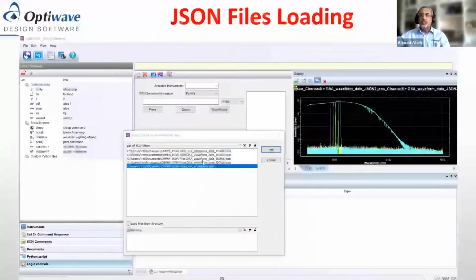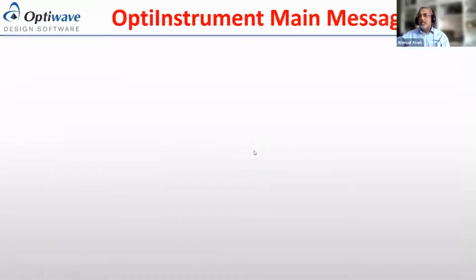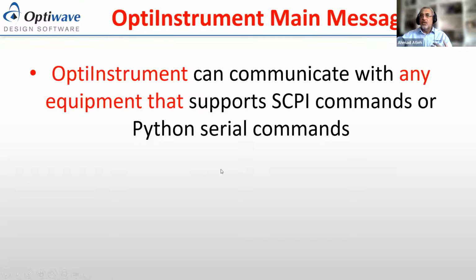So now, in OptiInstrument here at OptiWave, we try to propagate this message to the viewers and to the users in the market, that OptiWave OptiInstrument software can communicate with any equipment. It's not dedicated to a vendor, although we demonstrate today with EXFO.